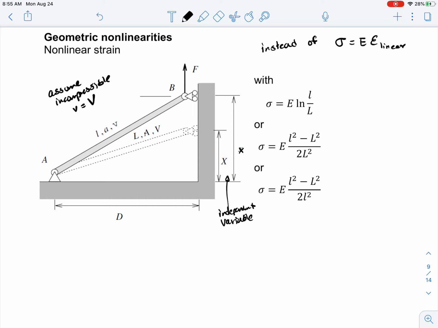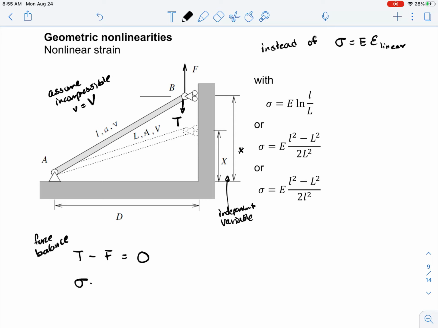So if you do the force balance, we're going to get t minus f equals 0, where t is basically the force from the bar.